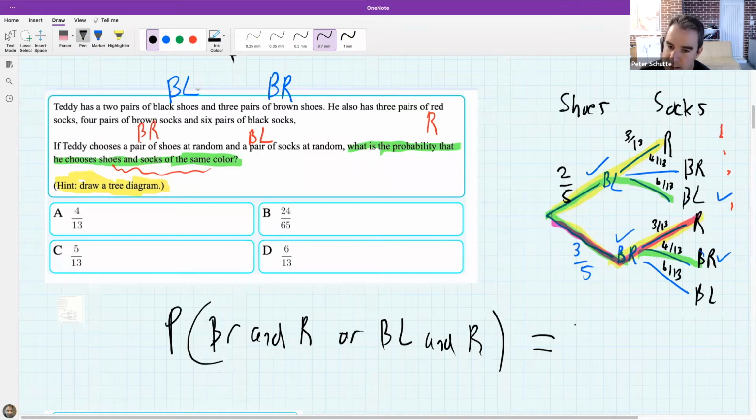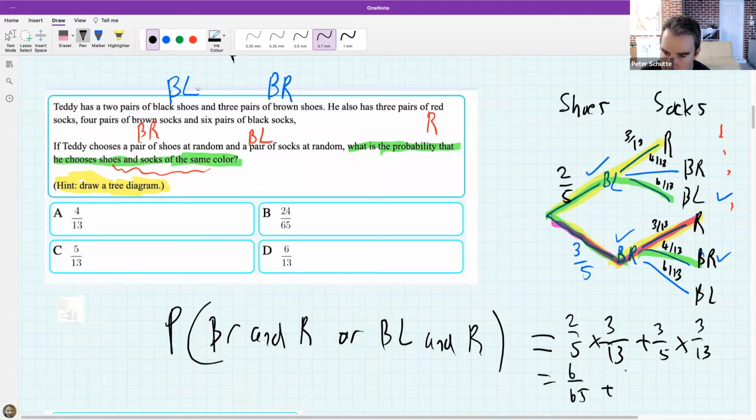It's just going to be 2/5 times 3/13, plus 3/5 times 3/13, which is going to be 15/65.